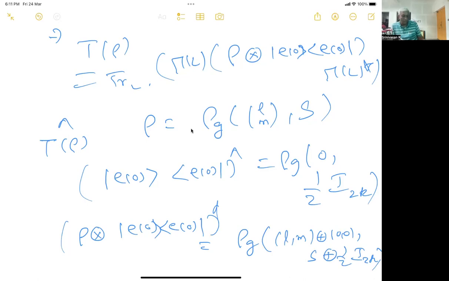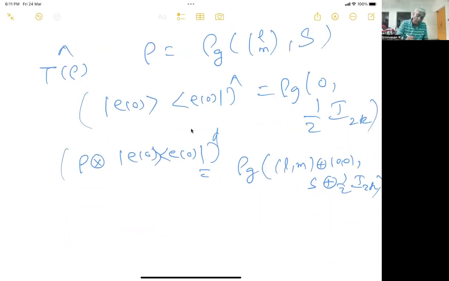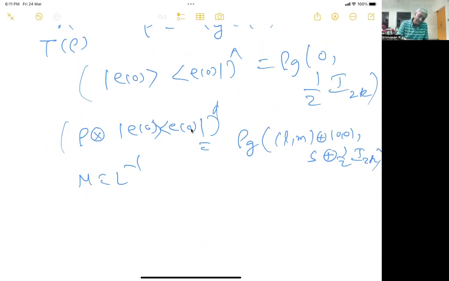Now we want to trace it out. Now we want to apply the gamma L. So you will get L inverse. So if M equals L inverse, L inverse will act on this LM, but then you are going to take only the first n terms, because you are going to take the trace out.